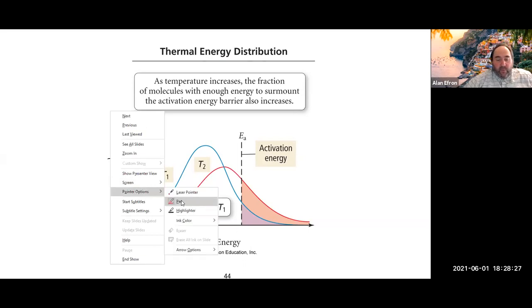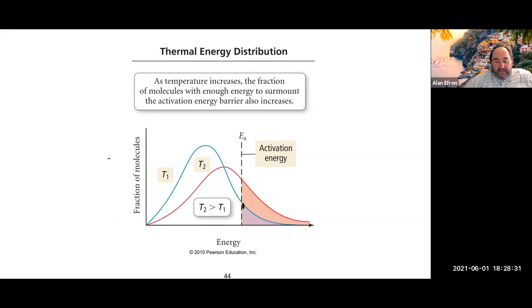If we look at where the activation energy is, which would be this line, at the blue, cooler temperature, only this much, or fraction of molecules, have enough energy to get up and over that hill.